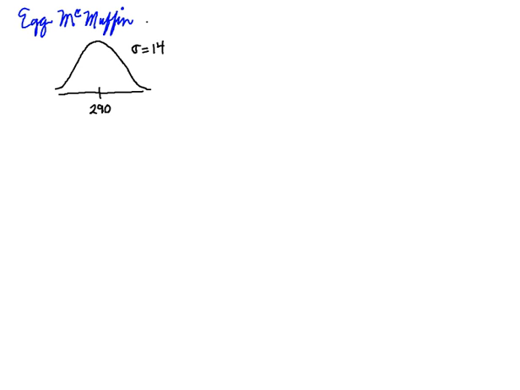So for question A, it says, what is the probability that a particular serving contains fewer than 300 calories? A particular serving contains fewer than 300 calories. So the random variable x, representing the number of calories in the Egg McMuffin, is less than or equal to 300.